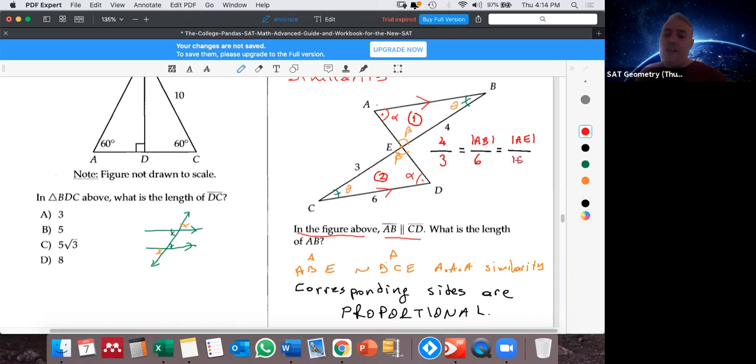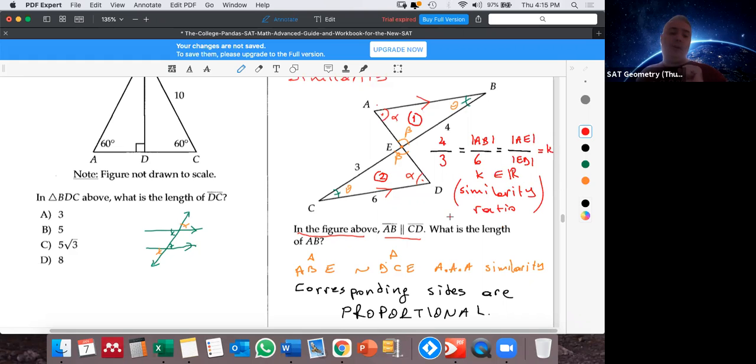Till here, do we have any question? And these are equal to K, where K is any real number, and it's called the similarity ratio. We call K the similarity ratio.